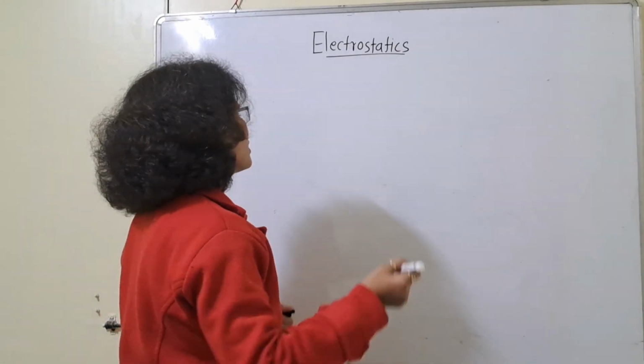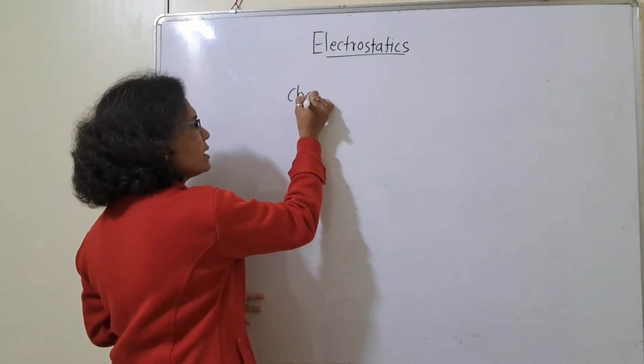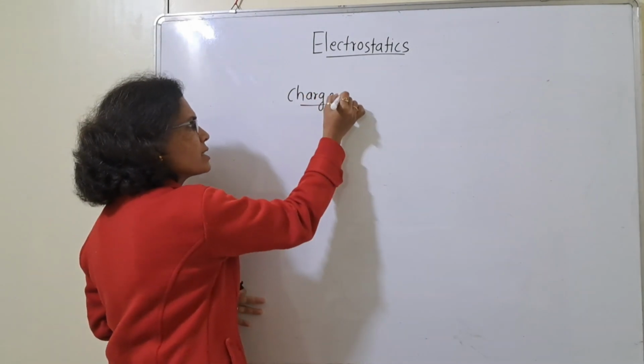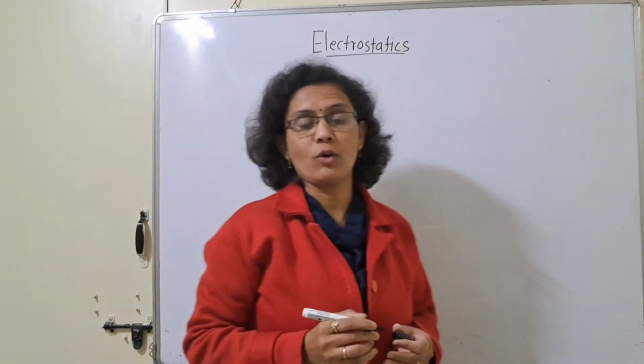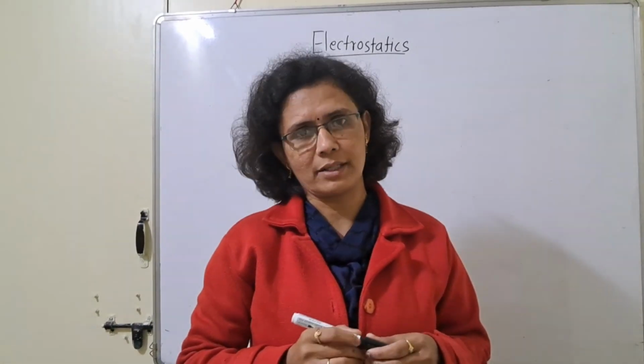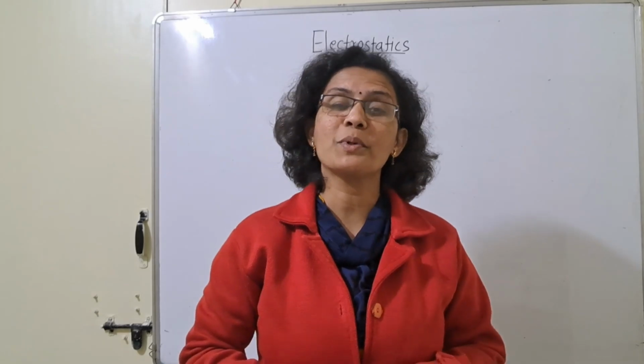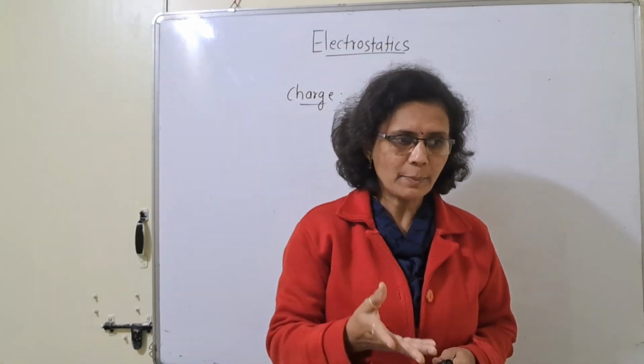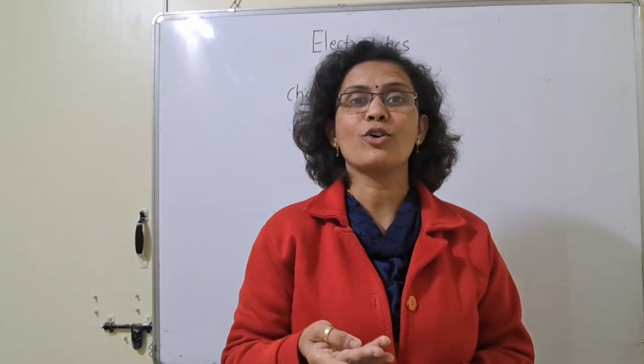First we are going to consider what is charge. Charge is a basic property of elemental particles. Then the question arises, what is meant by elemental particles? Elemental particles means proton, electron and neutron.